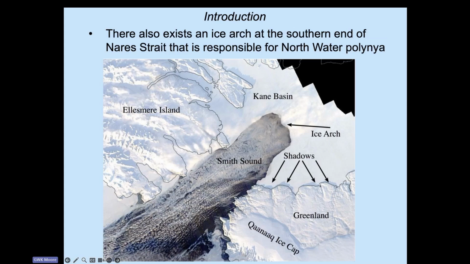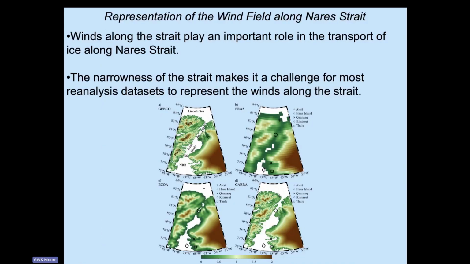There's typically an ice arch present in the southern region as well, and this is ice here, and this is the open water of the North Water. One can see in this case that there are convective streamers that have formed, because one has open water here, and this is indicative of very strong winds blowing down through Smith Sound, leading to these convective streamers over the open water of the North Water.